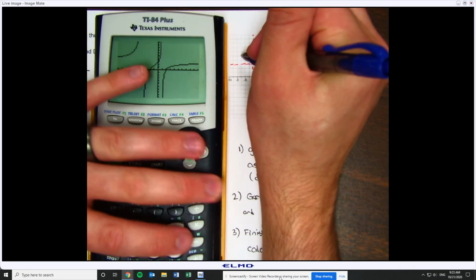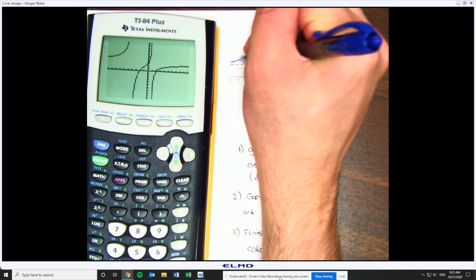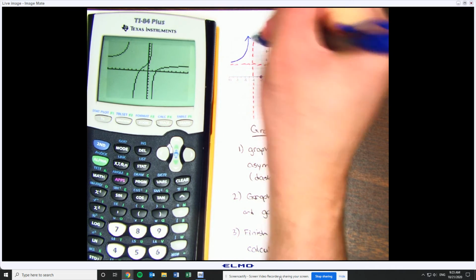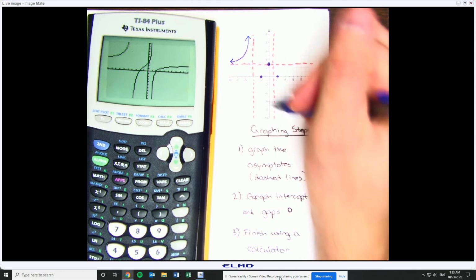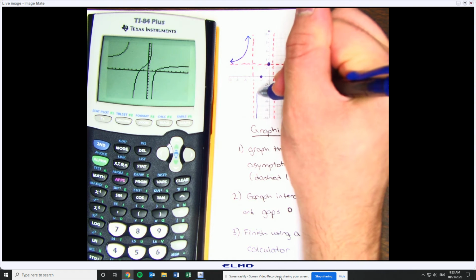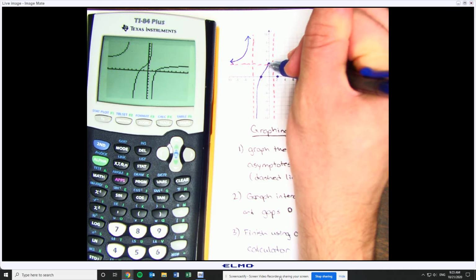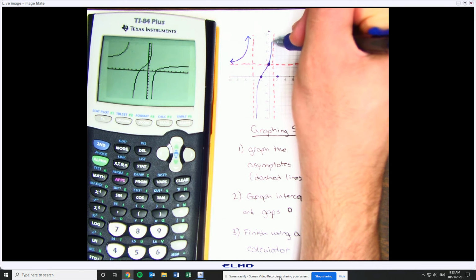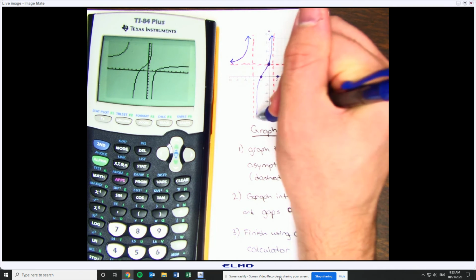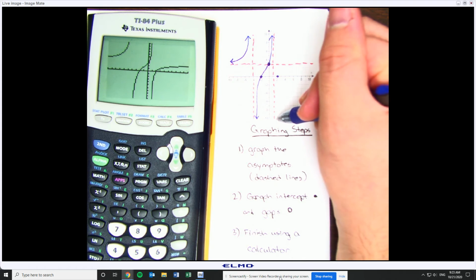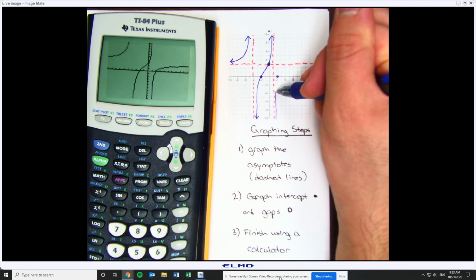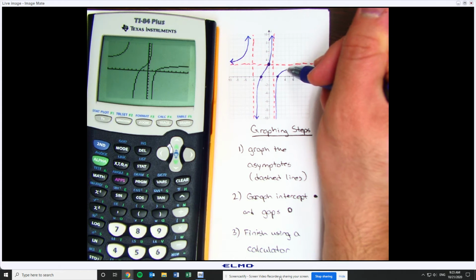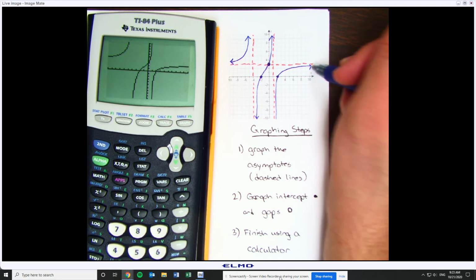Now we have everything we need. So this one follows right around this way. This one goes up this way, hits that point, does not cross the line. And right here, this one follows the line, hits the point, and then follows along that line.